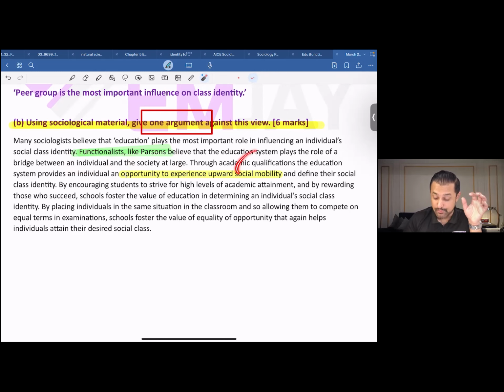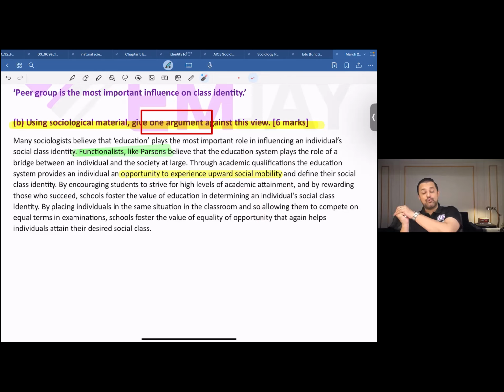However, when we use the word social mobility, we typically refer to upward social mobility because no one wants to experience downward social mobility. So, through academic qualifications, the education system provides an individual an opportunity to experience upward social mobility.